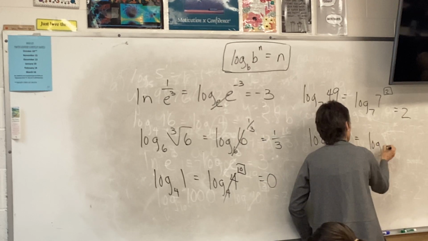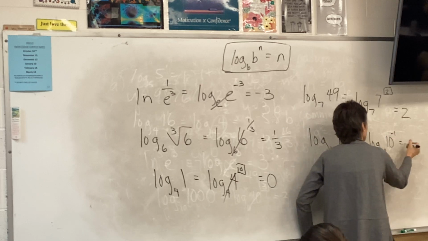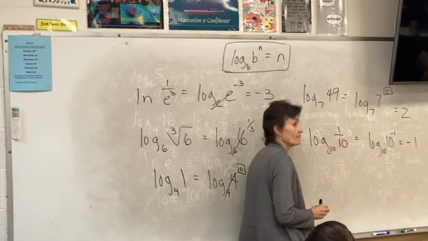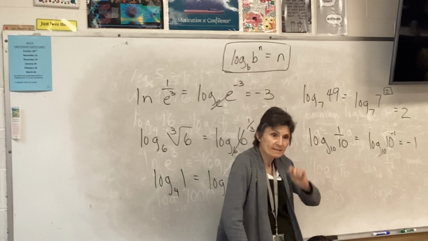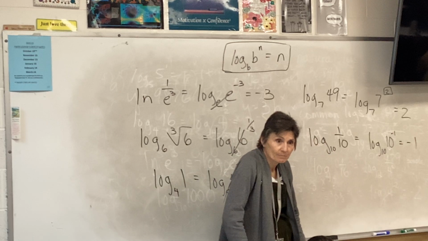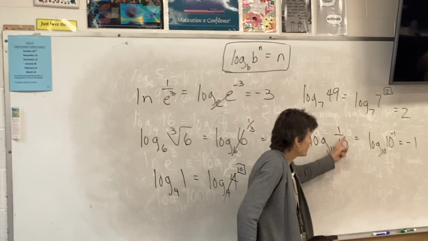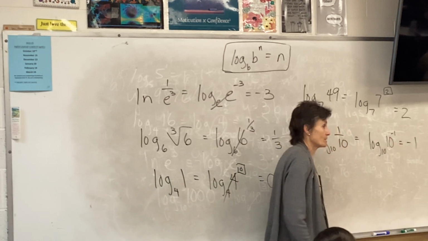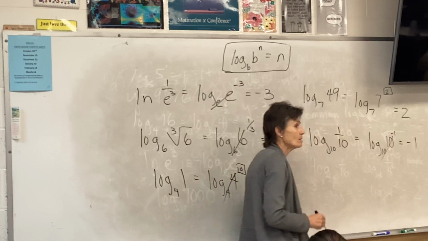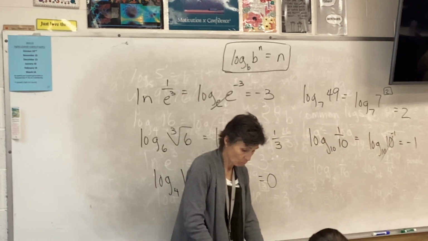This is the log base 10 of 10 to the negative first. Remember, 1 over gives us negative exponents. So I have 1 over 10. That's 10 to the negative first. These are the same now, so the answer is -1.